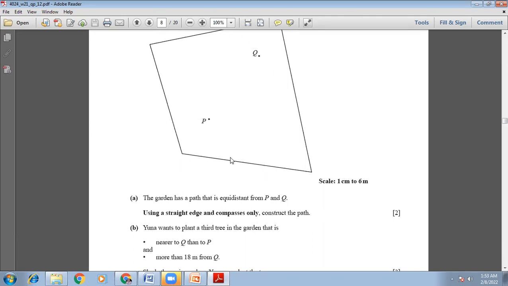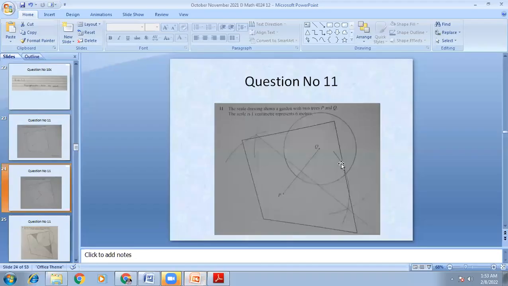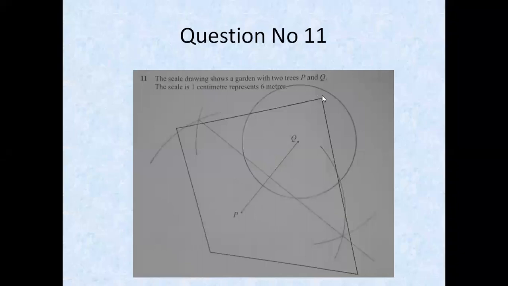So according to this scale, you will draw a circle of 3 centimeters at Q. You can see we have drawn a circle at Q of 3 centimeters. With the help of the compass, you can draw this circle of radius 3 centimeters.